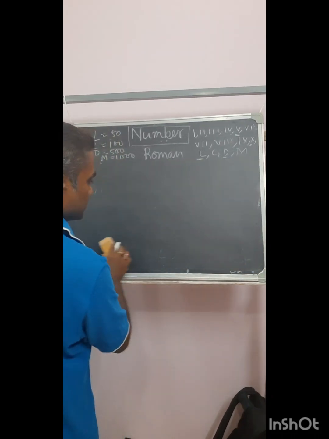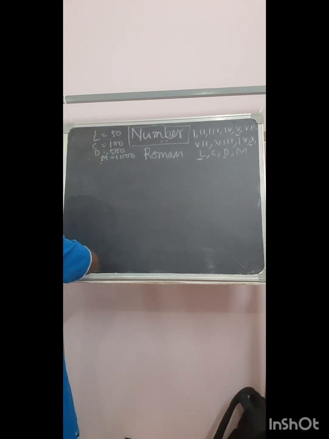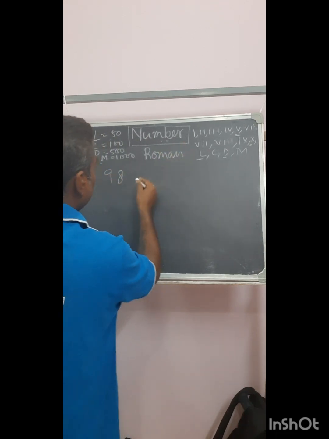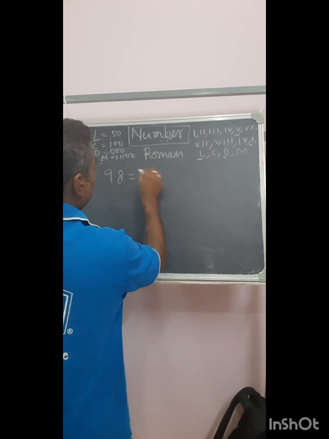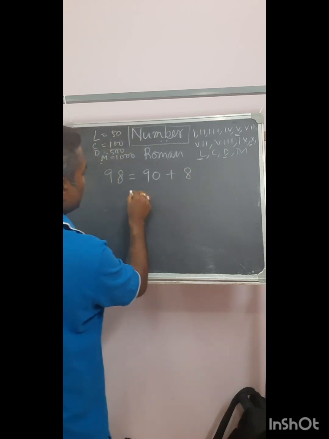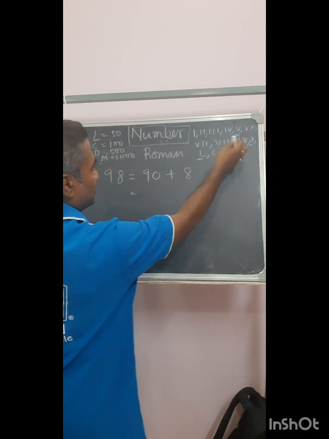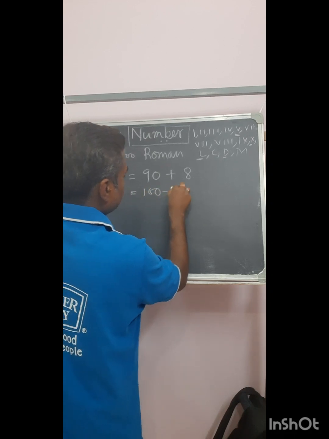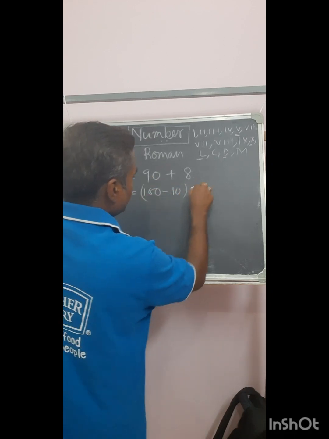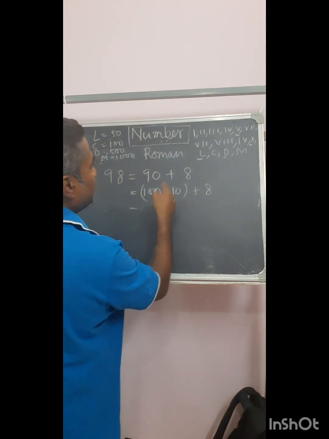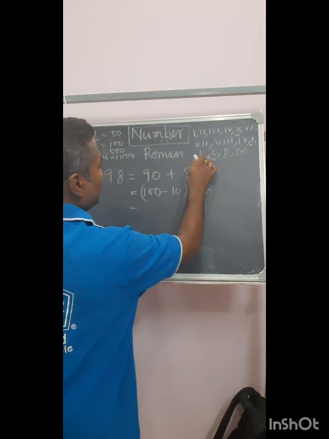I want to show some example where I represent some number. Let's say I am taking 98 to represent in Roman numerals. So how can I write it? 90 plus 8. Now 90 has no direct Roman number, so I can write it like this, plus 8. 100 means your C, L is 50.